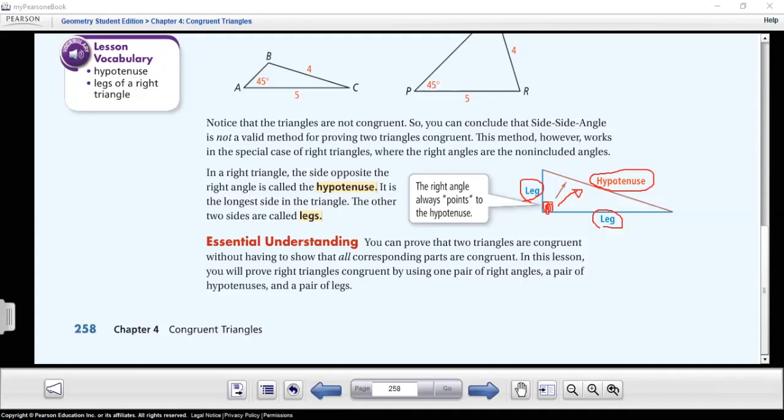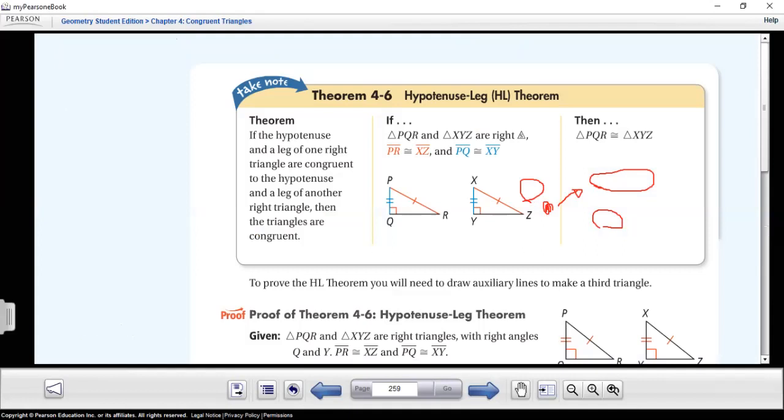Let's see our theorem. Our theorem is theorem 4.6, for the right triangle.